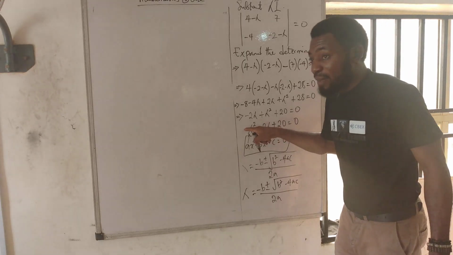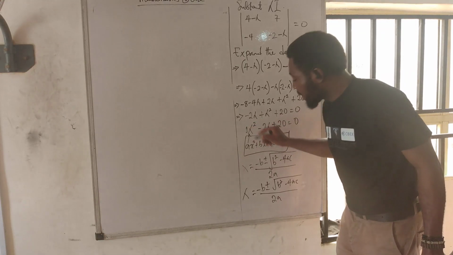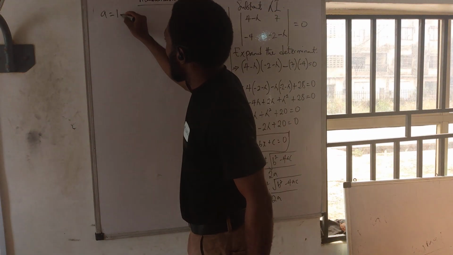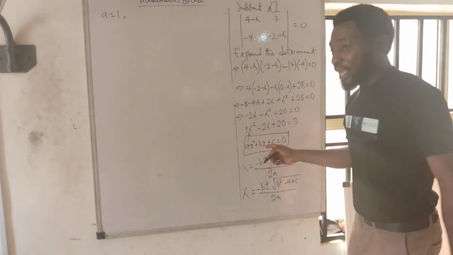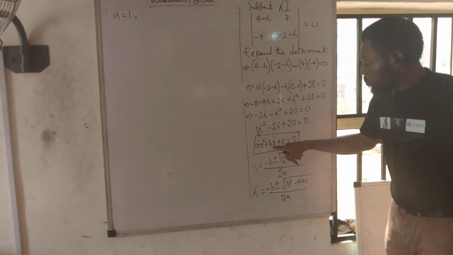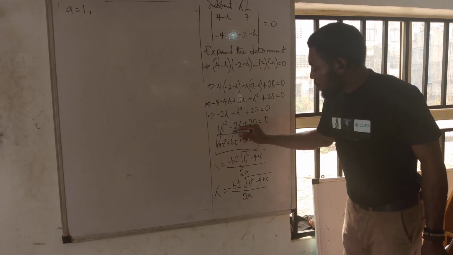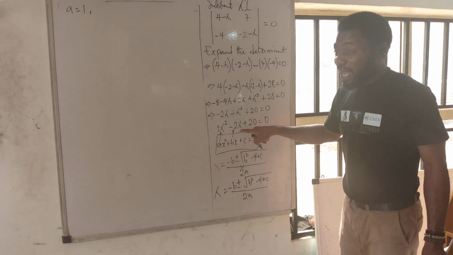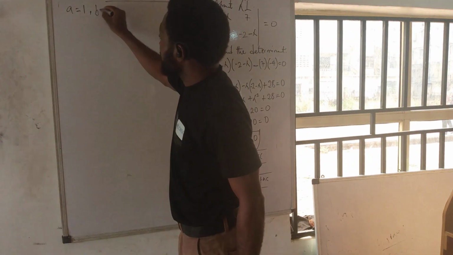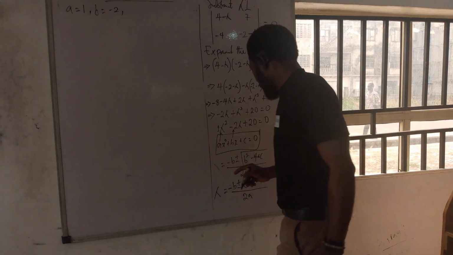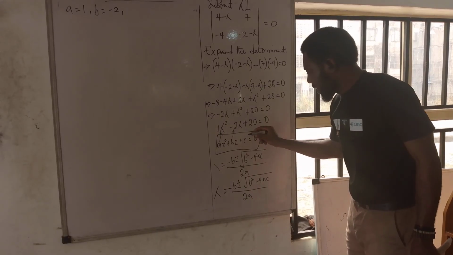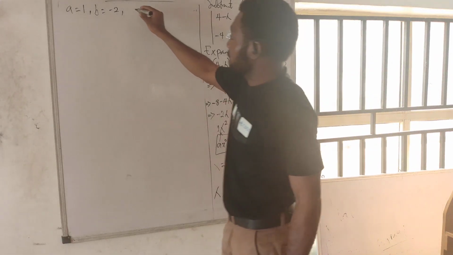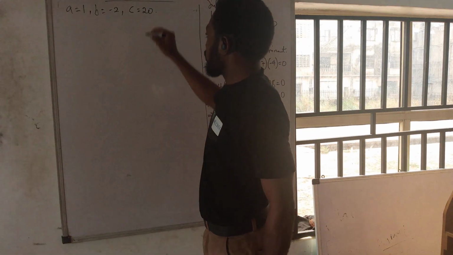The coefficient of lambda squared here is, there is an invisible 1 here. So a is equal to 1. Come back here again. What is the coefficient of b here? Watch, this is b. So b is minus 2, the coefficient of lambda here. So b is equal to minus 2. Let's go again. Our constant c is equal to 20.